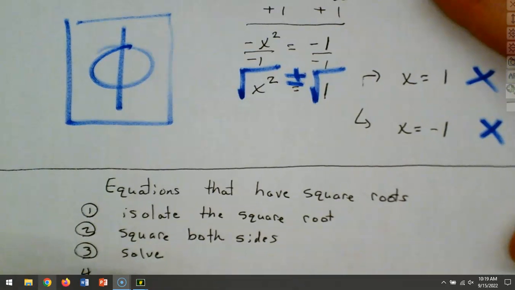And then finally, you have to check each answer in the original equation.